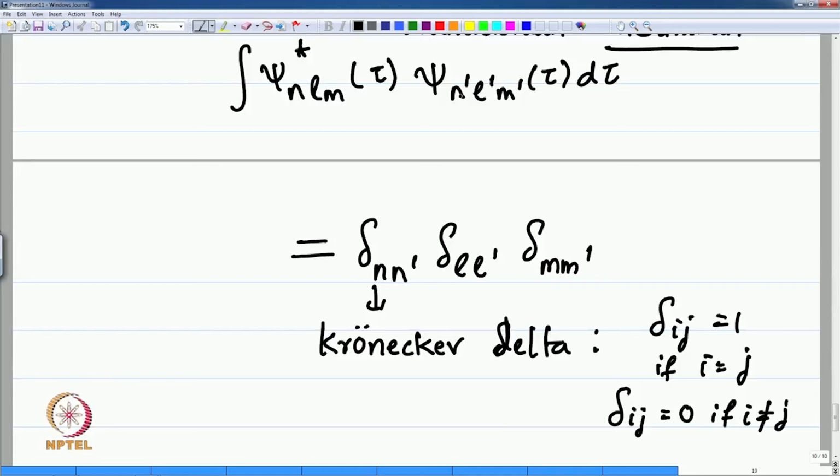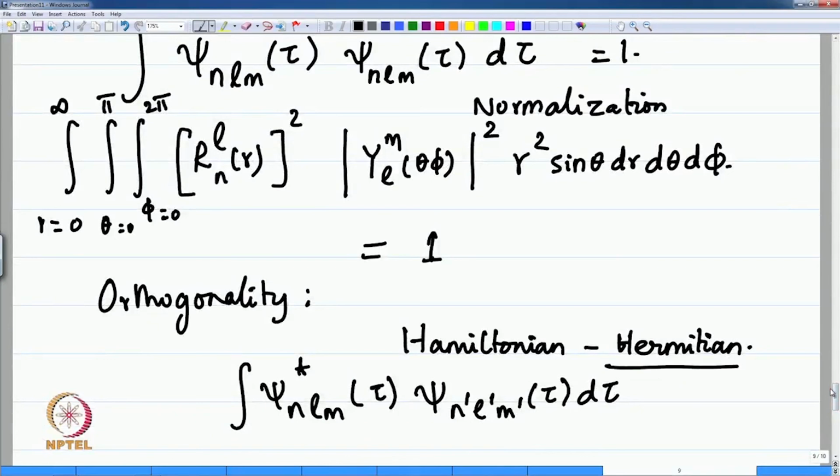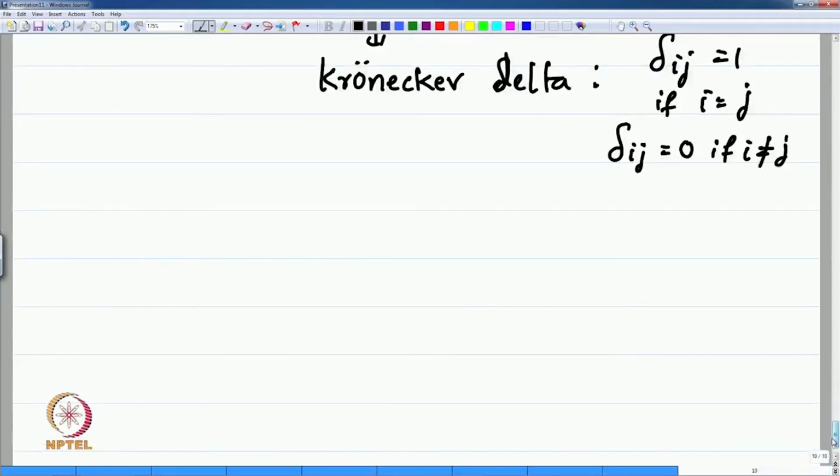Therefore, if n is not equal to n prime, if l is not equal to l prime, if m is not equal to m prime, any one of them, any pair of them, if they are not equal, the wave functions are orthogonal, and therefore the wave functions, being already normalized, are thus known as orthonormal basis functions for all other problems of atoms.